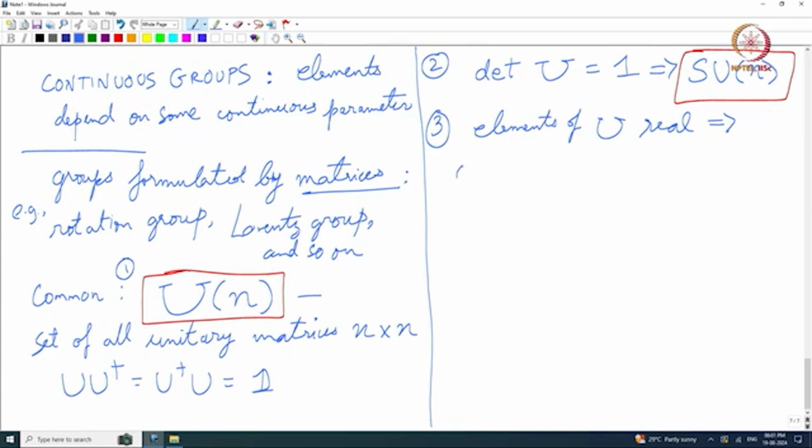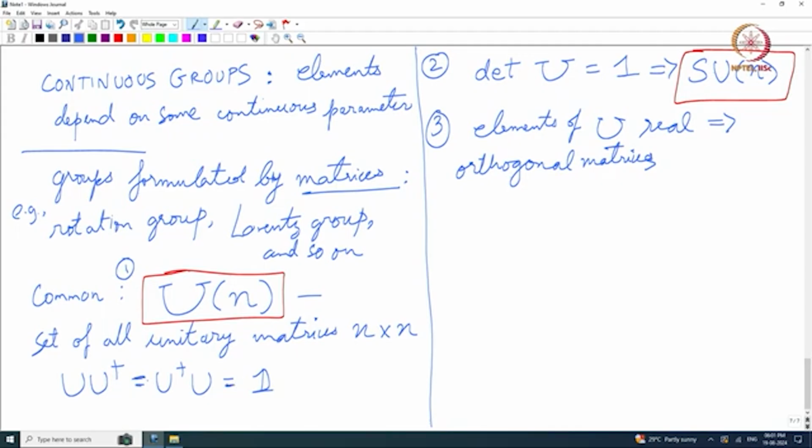These would become orthogonal matrices, correct. What are orthogonal matrices? Literally you take the dagger, and now the complex conjugate, represented with the star superscript, would be the same as what you began with.